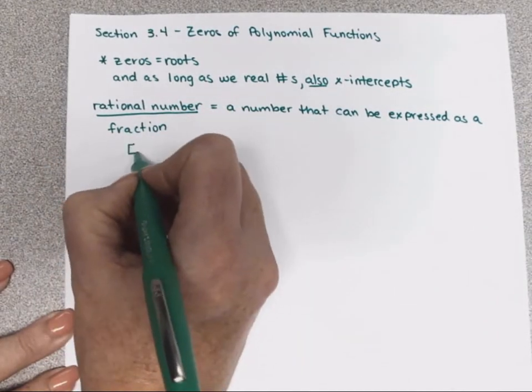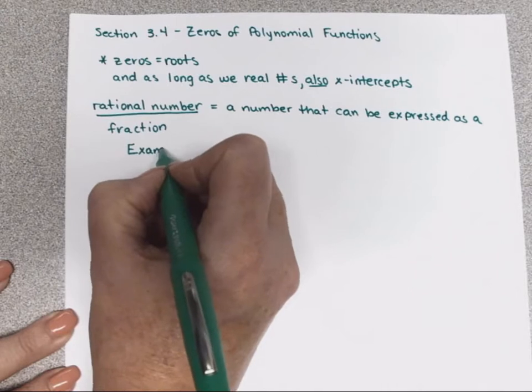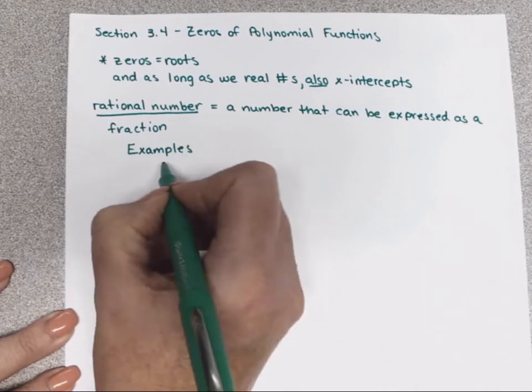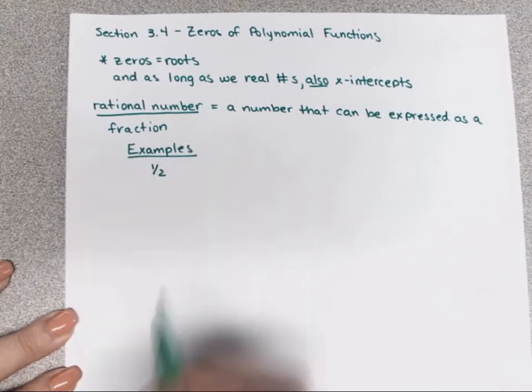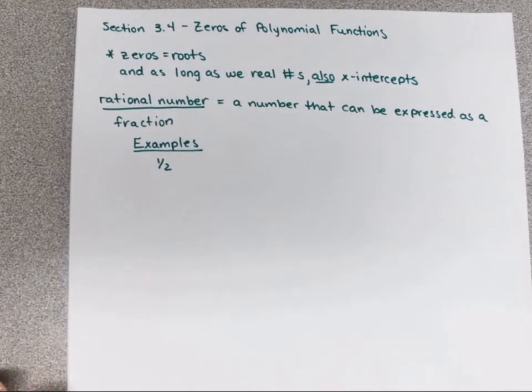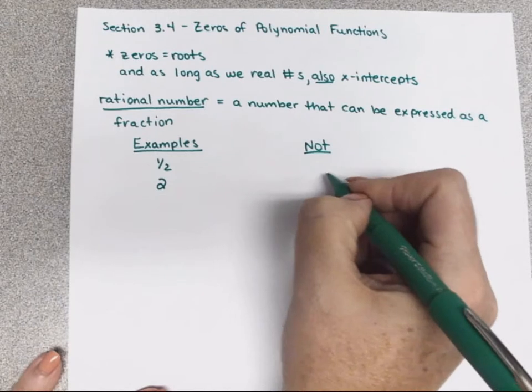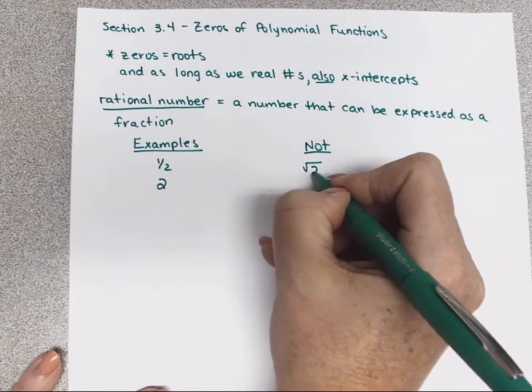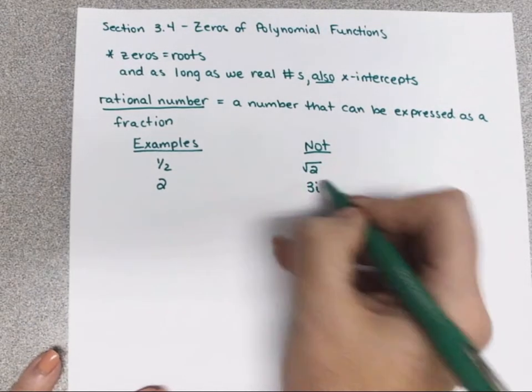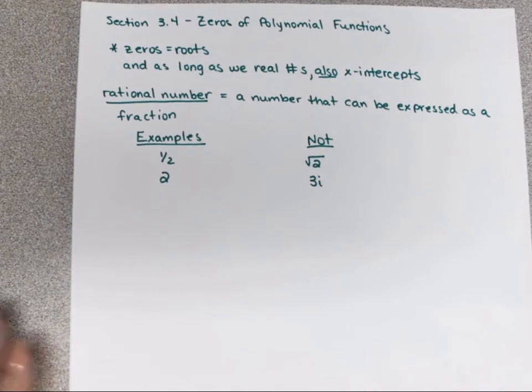Okay, so some examples of rational numbers: 1/2 is rational, but so is 2, because we could write 2 as 2 over 1. Okay, so it's whole numbers and fractions. What it is not is anything like the square root of 2 or 3i. Okay, anything where the number would not be able to be written as a fraction nicely.